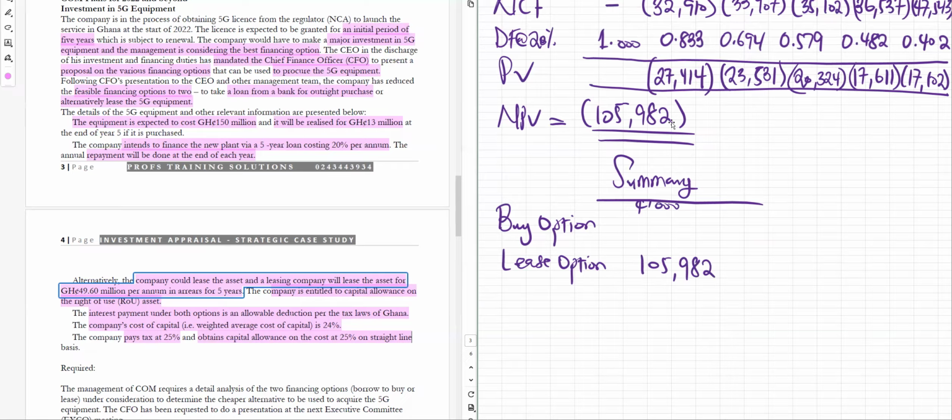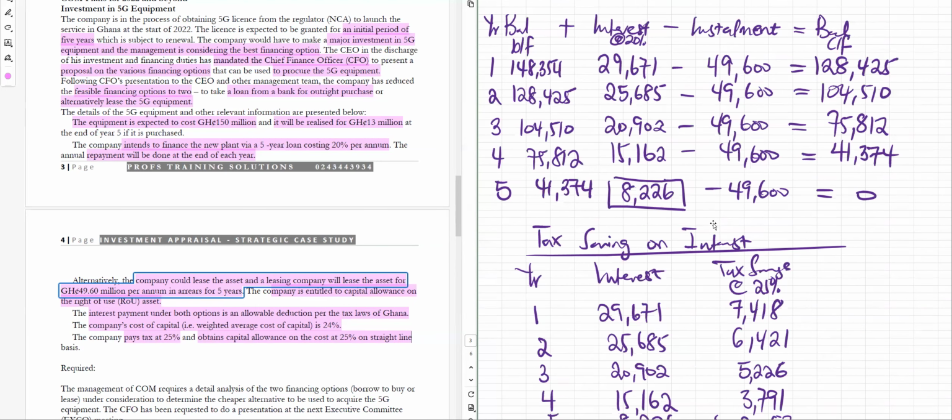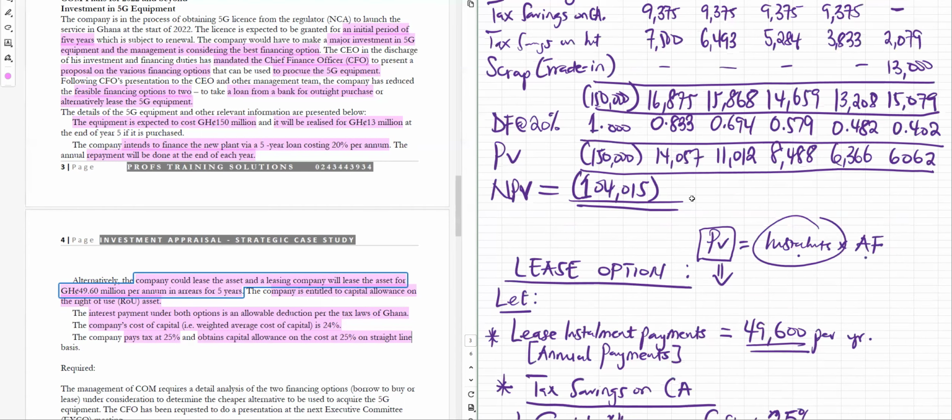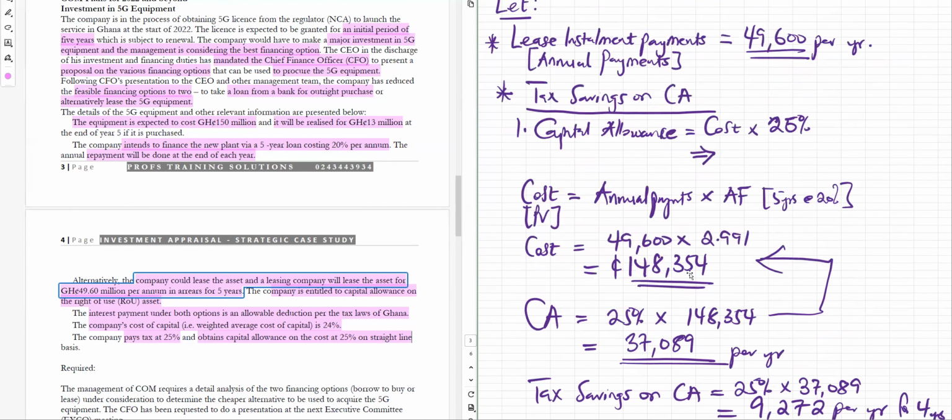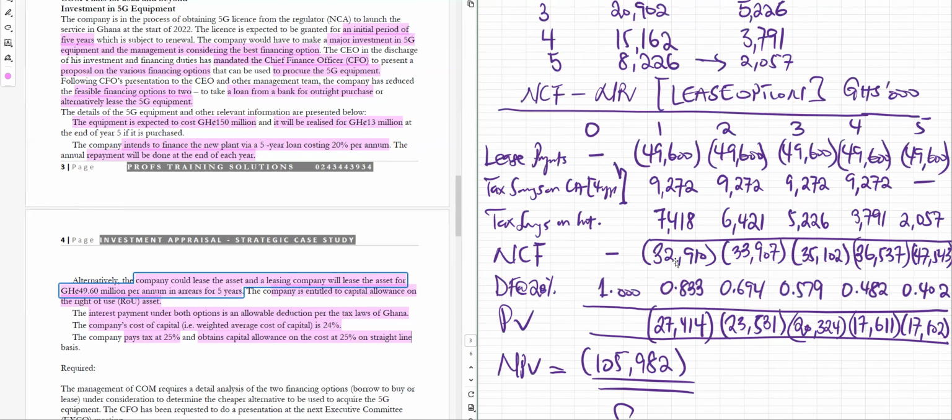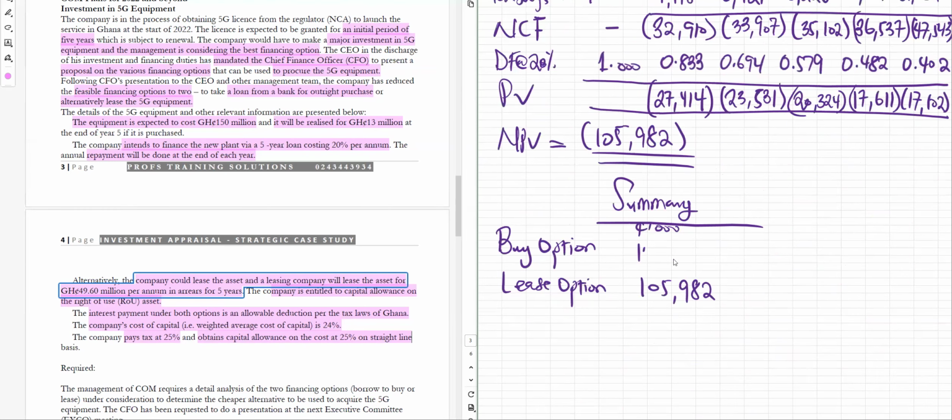Then with the buy option, we go up there and check: 104,015. When we compare the two, we have 1,967 as the savings.